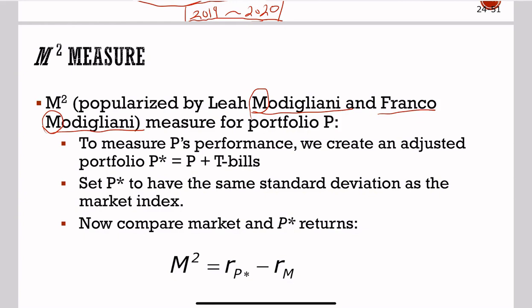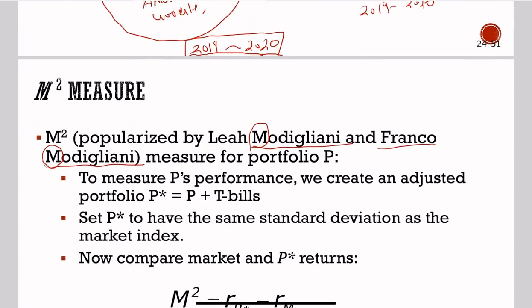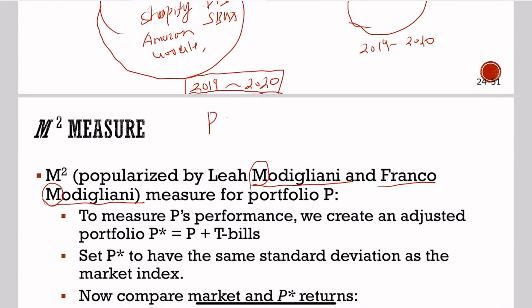So this M2 measure for a portfolio P is constructed like this. Let's say I have a portfolio P and I want to understand its performance. So I want to compare this with the market index. But you can see that the market index and my portfolio could have different standard deviation. Now, what I'm trying to do here is I want to scale my portfolio.